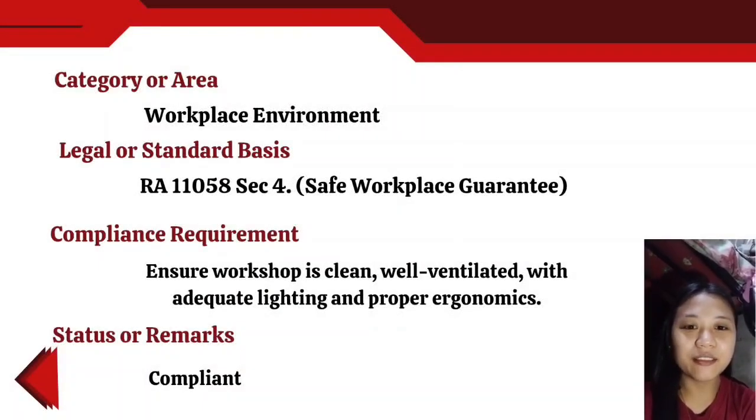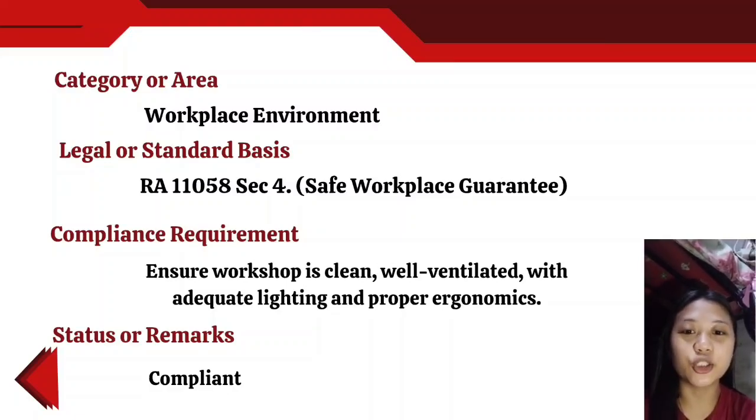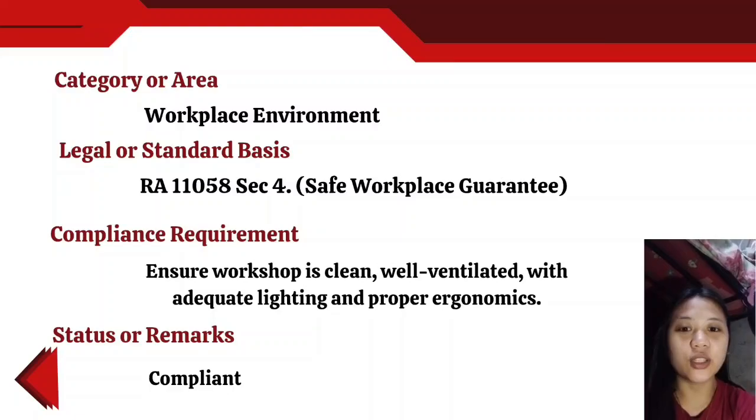Including the workplace environment in your compliance checklist ensures that your establishment meets legal safety and operational standards that protect both employees and customers, especially in food service management. We're responsible not only for serving safe and quality food but also for managing the overall operations, including your team and workplace condition.